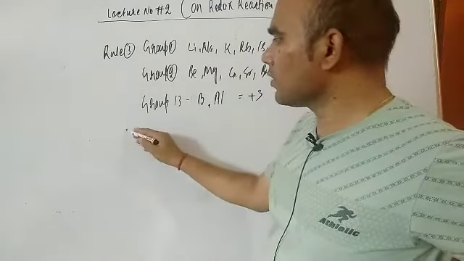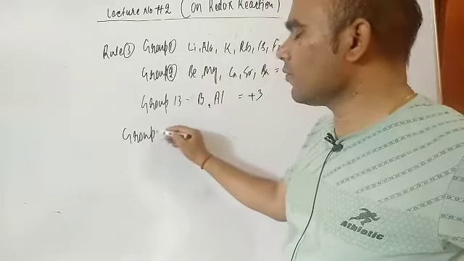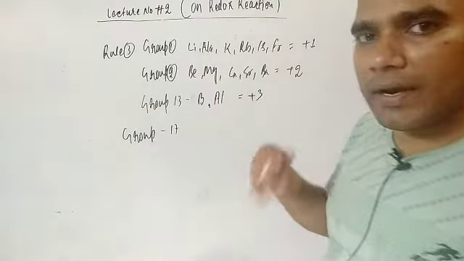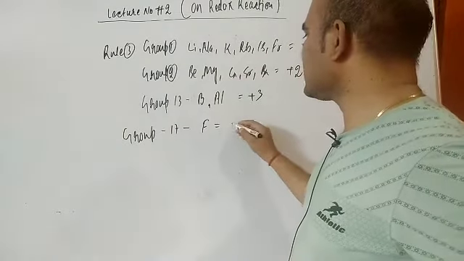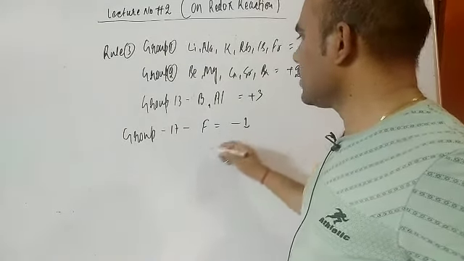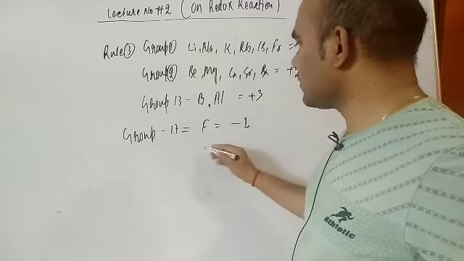If you talk about group number 17, other groups we don't have to memorize, students; we need to calculate for them. In group number 17, fluorine is always -1.